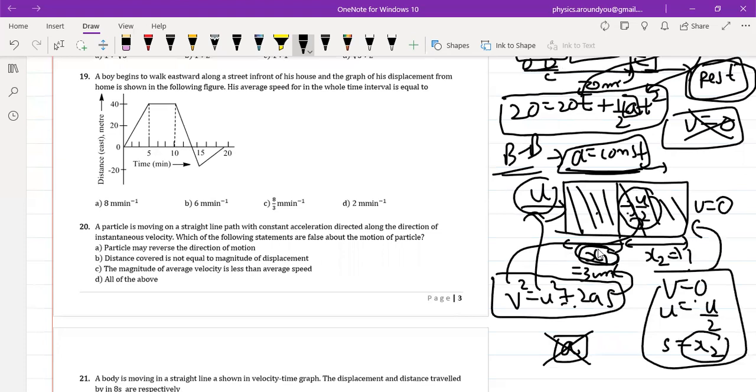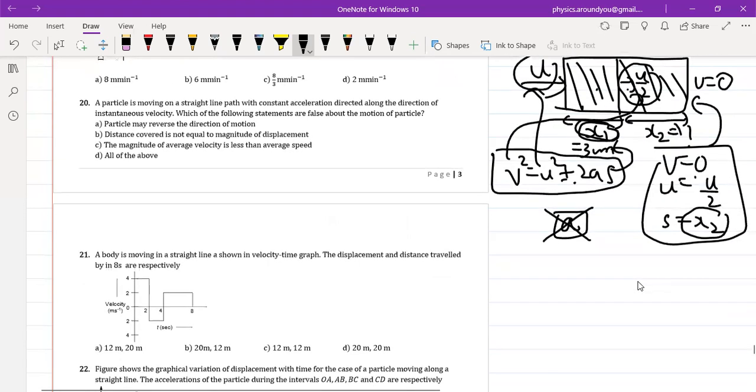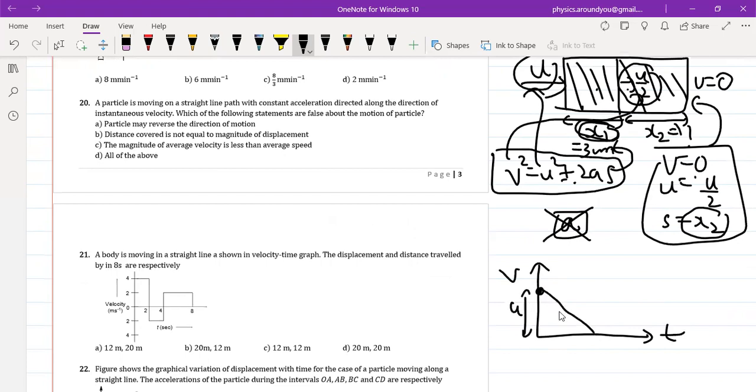The other way which JEE people try to use is trying to plot a VT graph for this, an alternate approach. In a VT graph, what would happen is initially the bullet had u speed. After traveling a certain distance, 3 centimeters, the speed became u by 2.